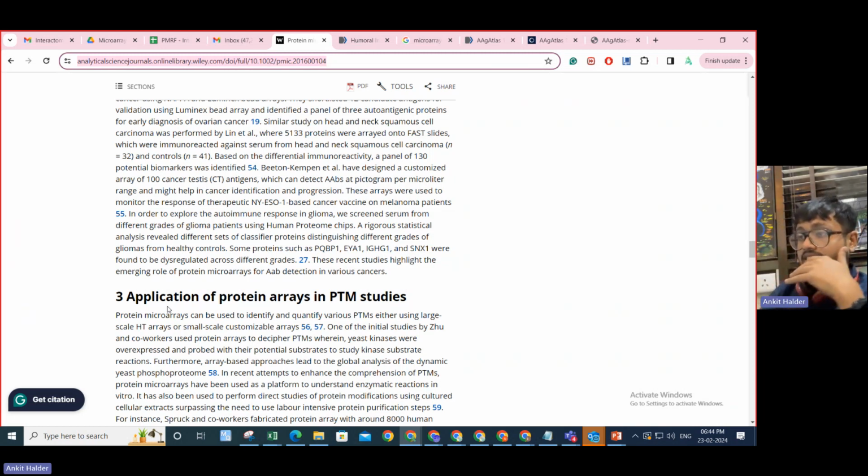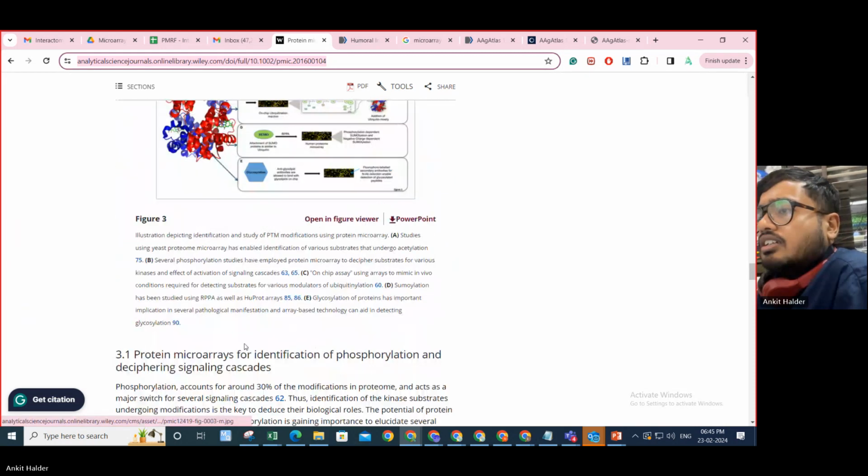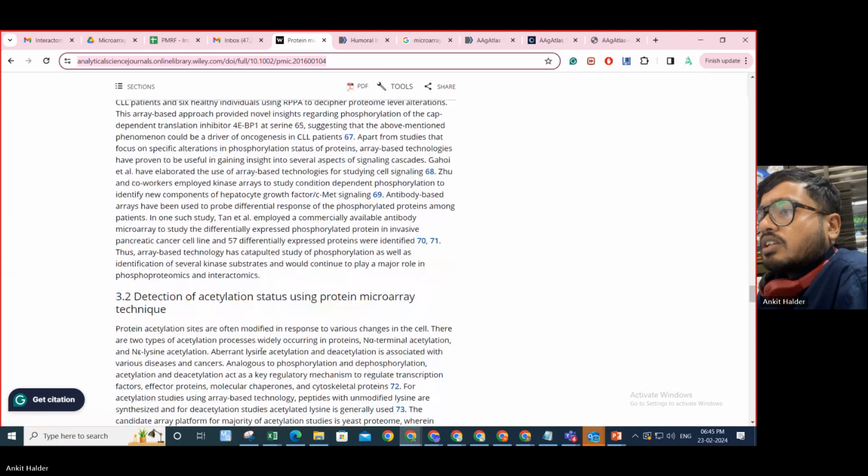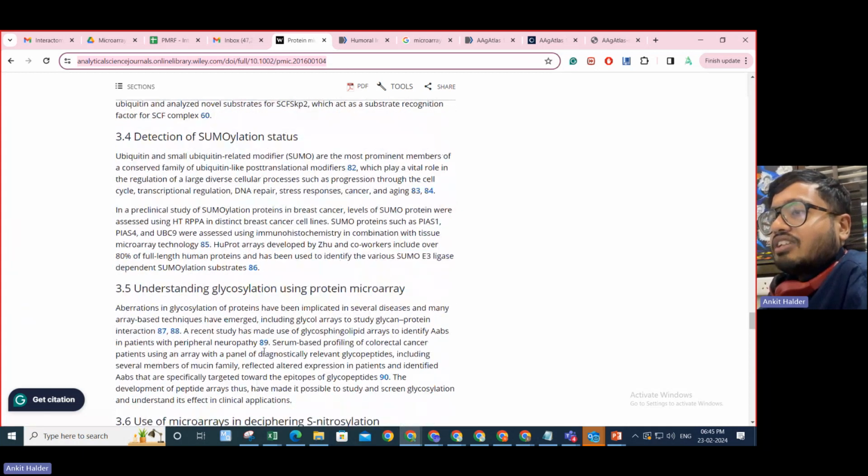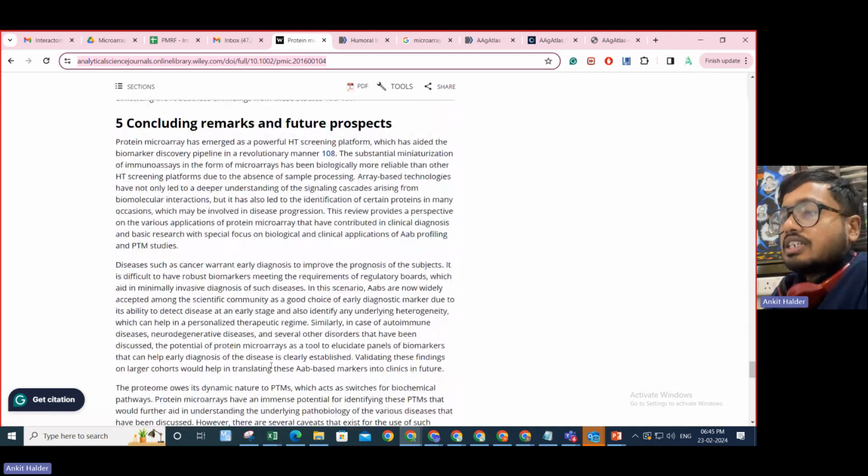Then we have the PTM studies, and I could show you how this particular resource is useful for the community, like the autoantigen atlas, which could be identified and given there. So these are the different applications which you can easily go through.